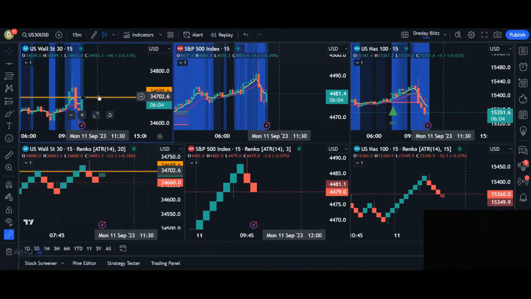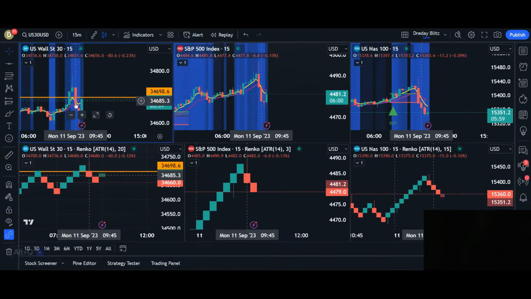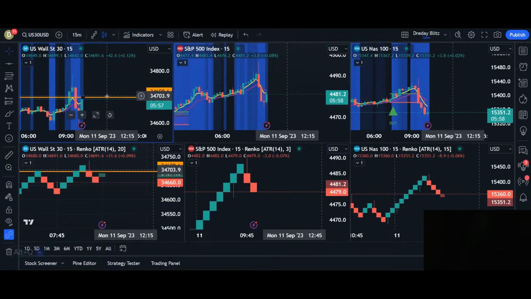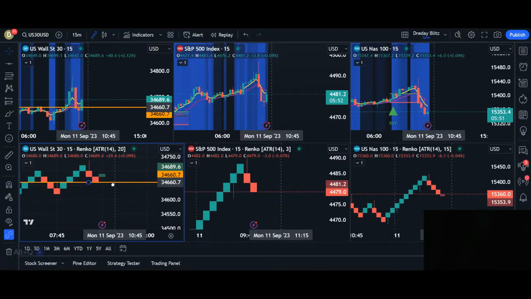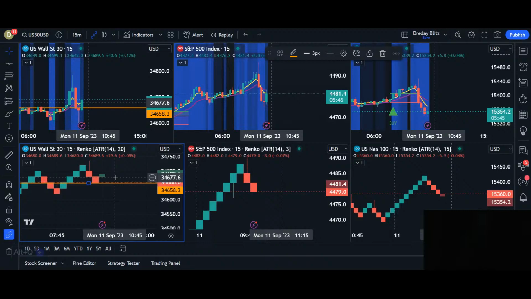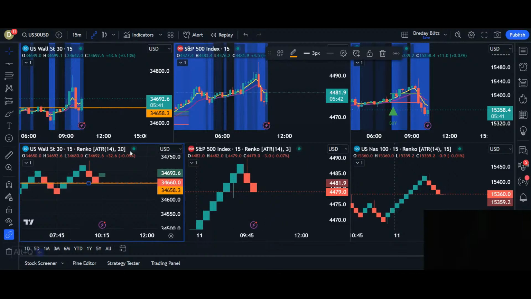If we have a buy signal here, our stop loss would be at the swing of the Renko, so at the bottom of the Renko going up.